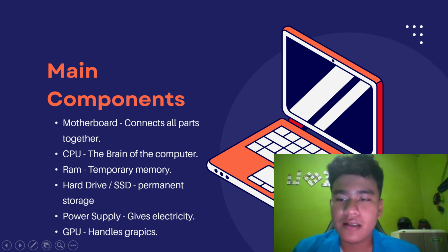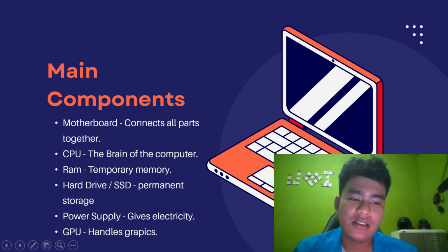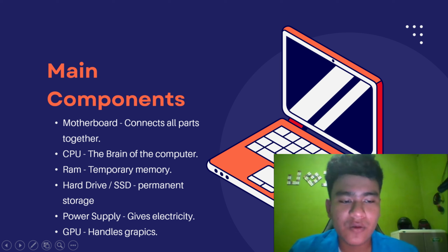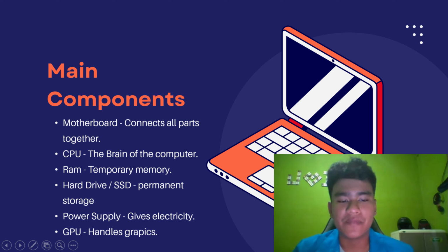And the third, RAM or memory, is where data is kept temporarily while the computer is working. And the next one, the hard drive or SSD, stores data permanently, like photos, videos, and documents.